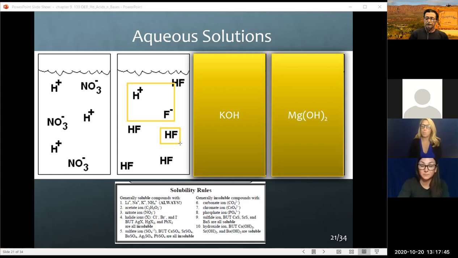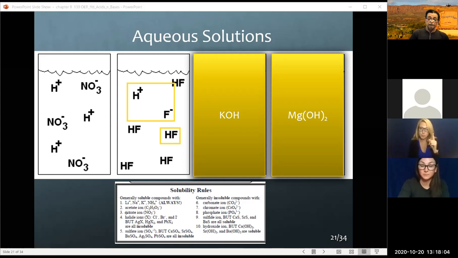The next example, potassium hydroxide. We may look at it and say, okay, we have potassium, we have hydroxide. I have an ionic compound. That tells me to use the solubility rules. Using the solubility rules, I go down to the table and look at number 1.